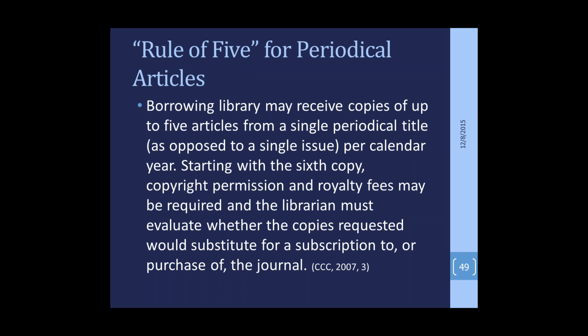So they can borrow up to 5. It's that 6th copy that means that now you may have to get permission, pay royalty fees, and so on. And basically, the borrowing library and probably the lending library are going to have to consider whether the copies requested would substitute for a subscription or the purchase of a journal or whatever.